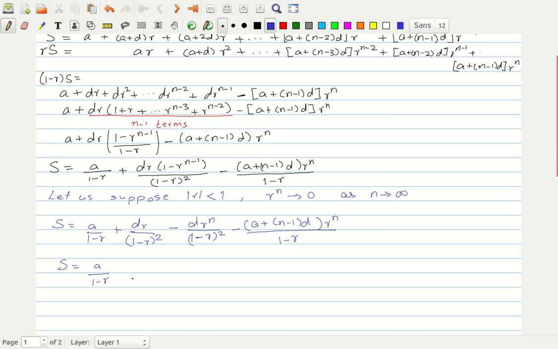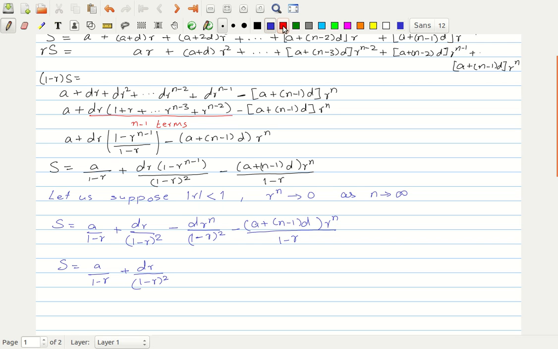minus r plus d times r divided by 1 minus r square, right, because this term d r to the power n will tend towards 0, and in this term a plus n minus 1 d, over here also you can see that there is r to the power n. So, this term will also tend towards 0.